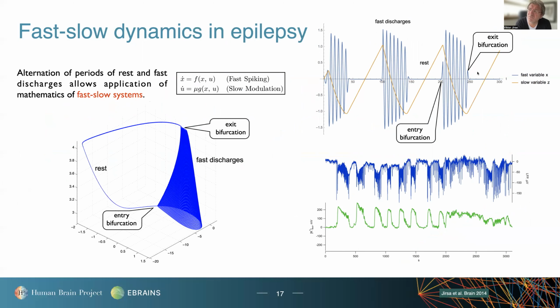This allows us to evoke a set of theorems that actually allow to separate fast variables from slow variables, and they always must exist when you have this type of dynamics. You can actually unfold them in a state space where this is a slow dynamics, this is a fast dynamics.